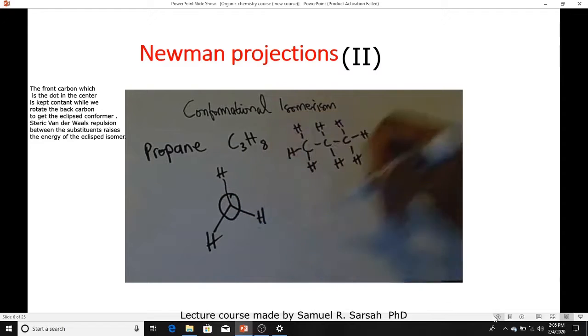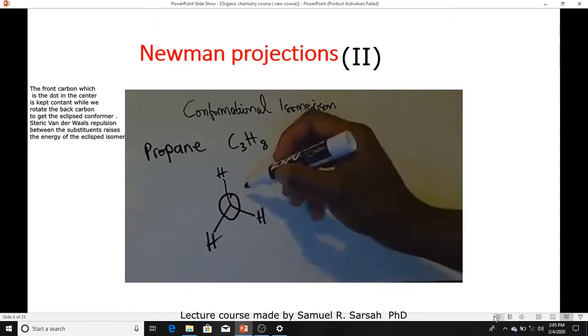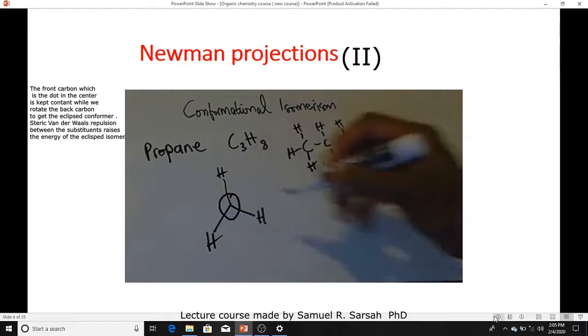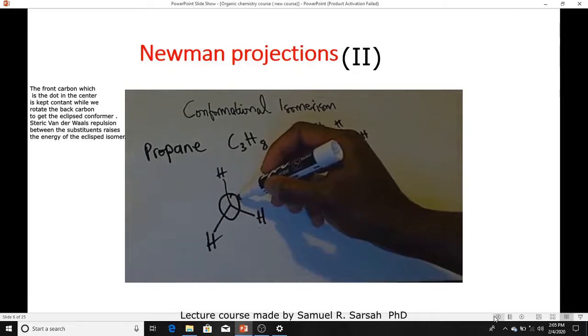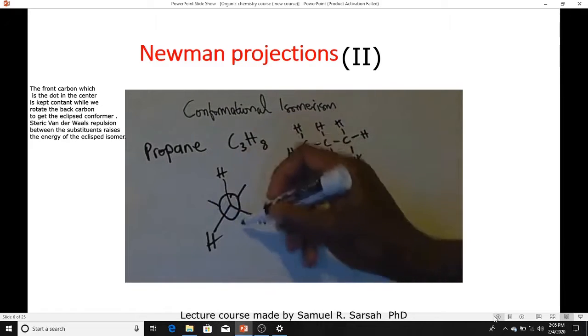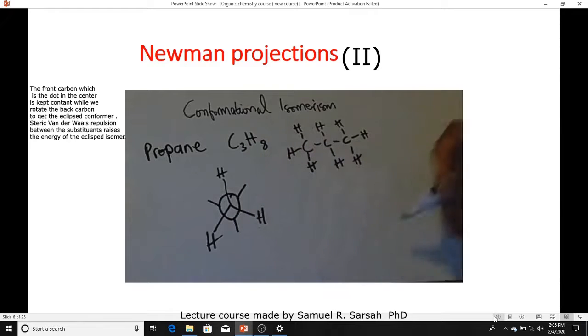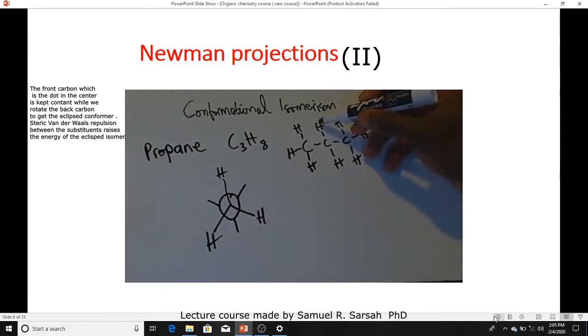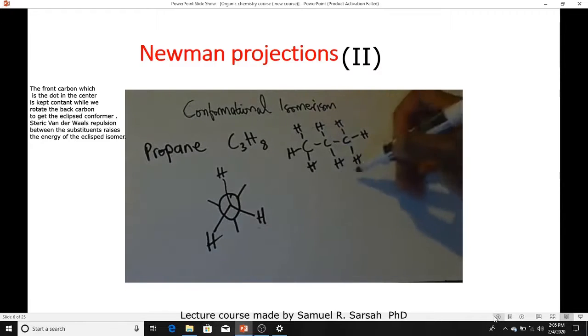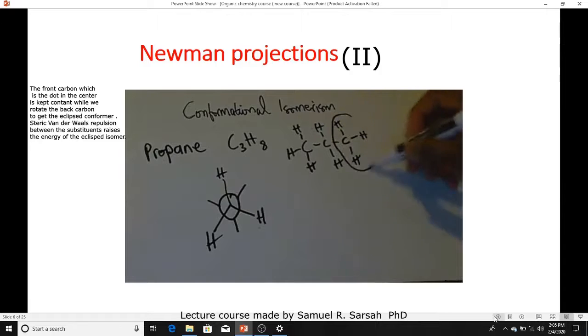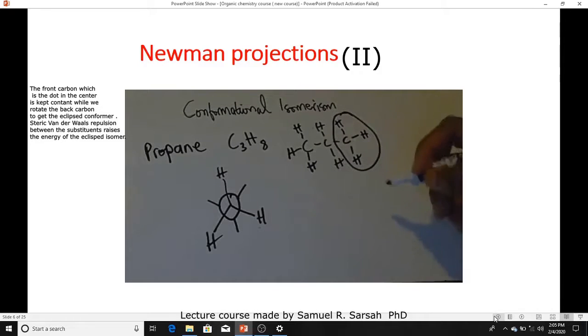Okay, now you see that there's an issue here. This carbon has 2 hydrogens, and then it has pointed to this whole group, which is CH3.